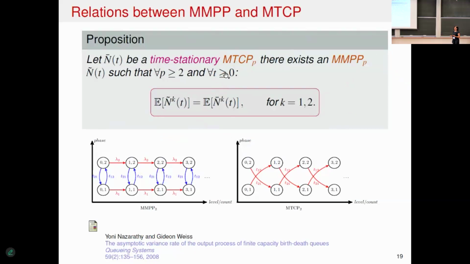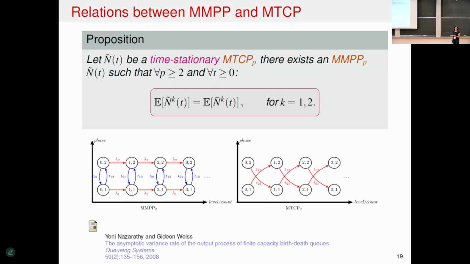The interesting thing is that these two processes are extreme cases of the Markovian arrival processes. In one of them, whenever we have an arrival, there was no change in the phases of the underlying process. In the other one, whenever we have an arrival, there was a change in the phase process. But the first and second moments are the same.